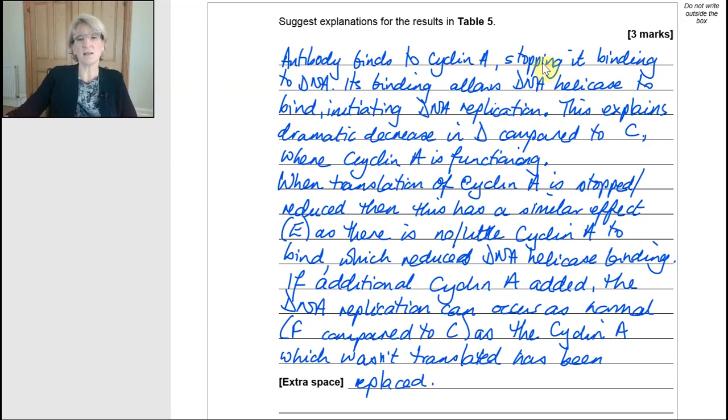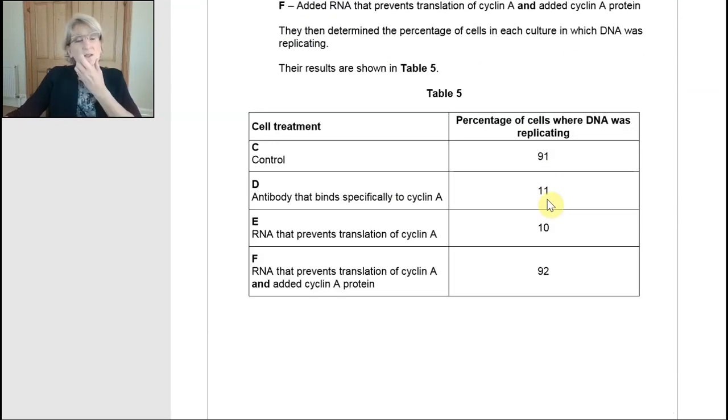Now, can I say, I think my English is appalling here. So these results seem to indicate that when the antibody binds to cyclin A, it stops cyclin A helping the binding of the enzyme at the start of DNA replication, which is why the percentage of cells replicating goes down so dramatically.